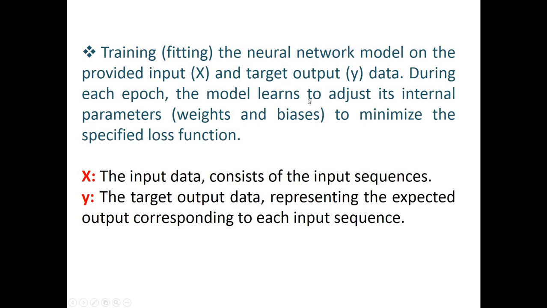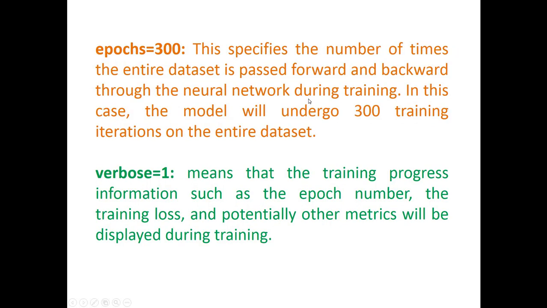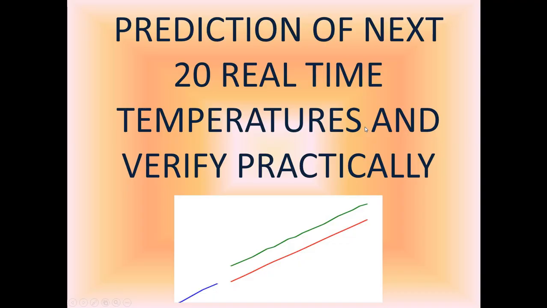So at the end of this, you specify the number of times the entire data set is passed forward and backward through the neural network, and it has undergone 300 training iterations. This is all done online. You see that it collected 59 data in 59 seconds, and around 10 seconds are taken for compiling, fitting, etc.